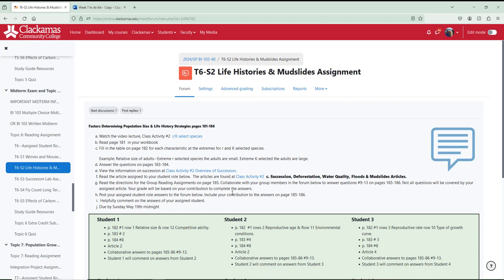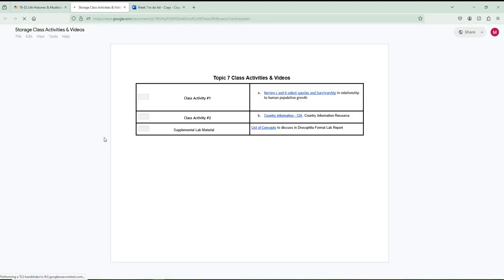In the second part, we have our life histories and mudslides assignment. In this part, we're going to take a look at our class activities. We have our R and K select species and survivorship.